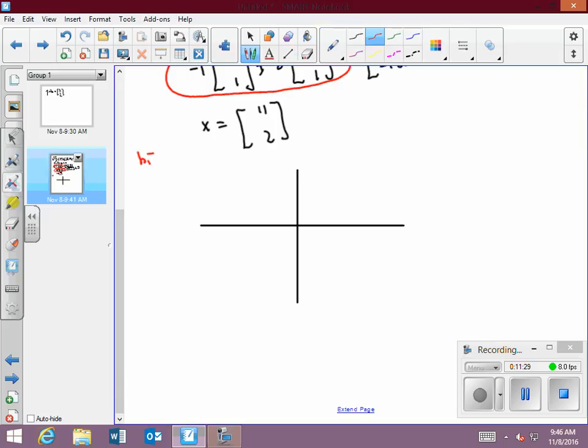B1 was minus 2, 1. B2 is 3, 1. So B1 is going to be a minus 2 and a plus 1, so it's going to be right there.